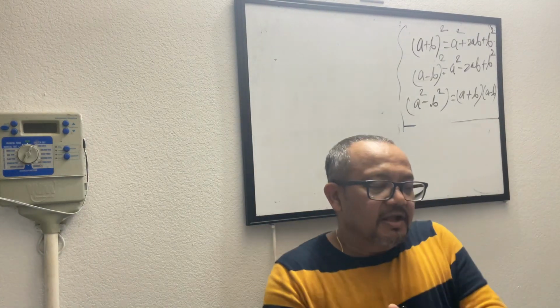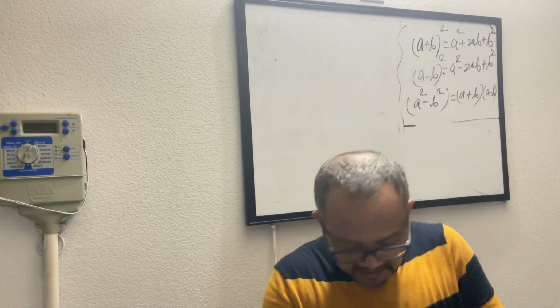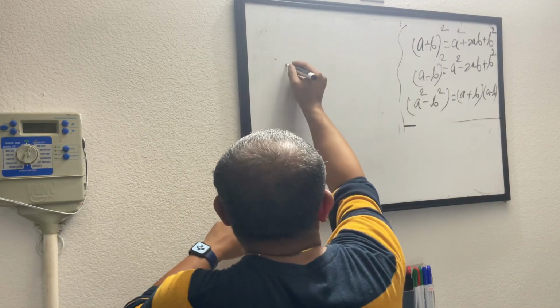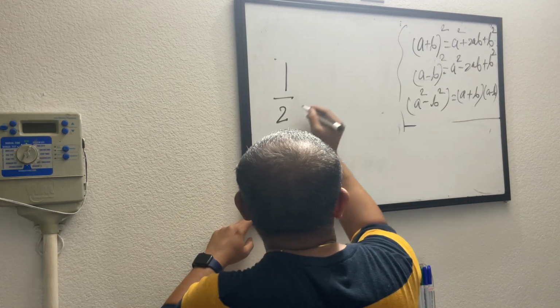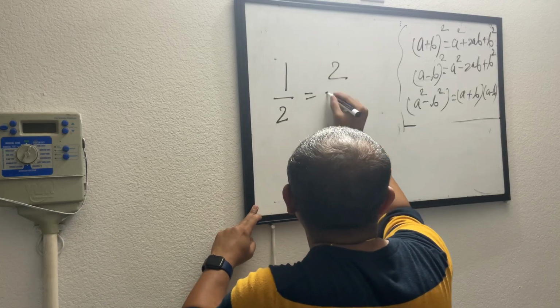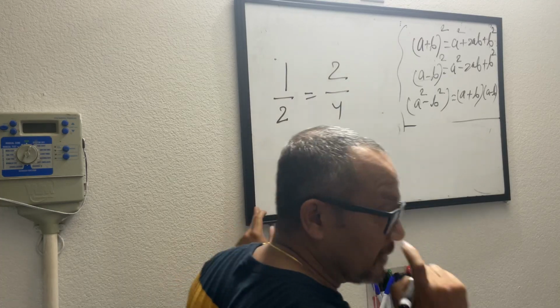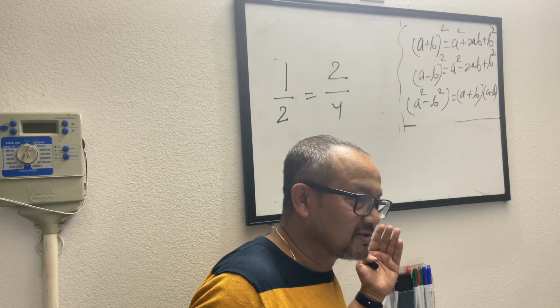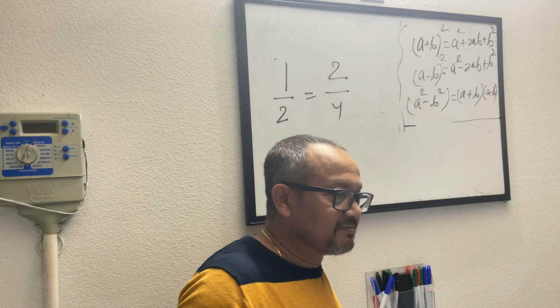Okay. So let me give you some background to it. Do you know what this is called? These are called equivalent fractions, meaning their value is the same.